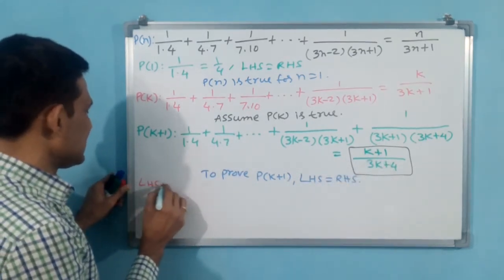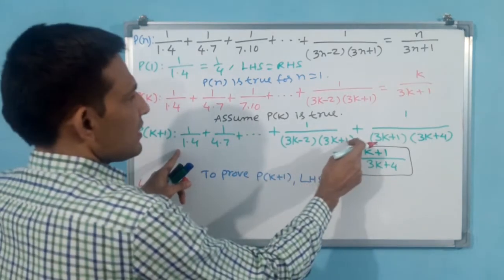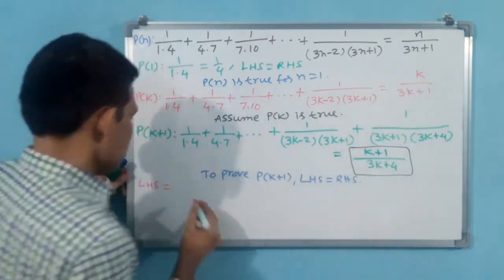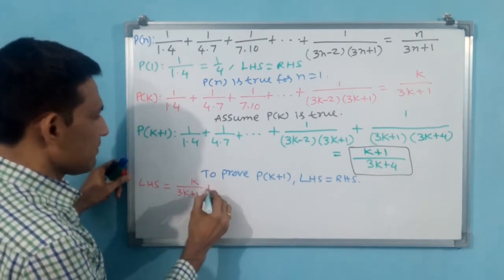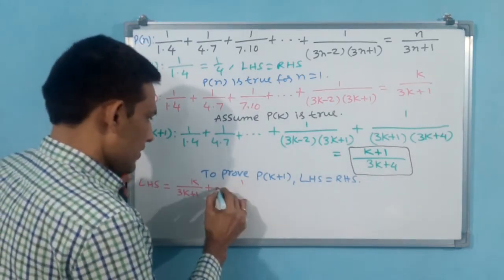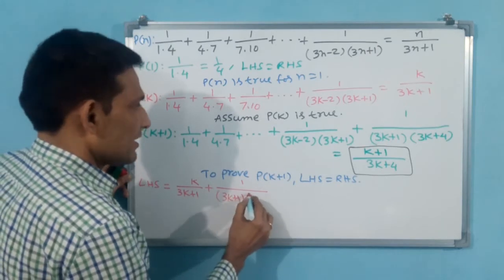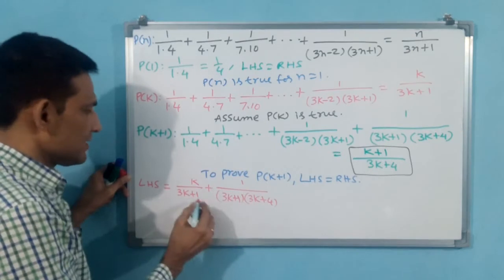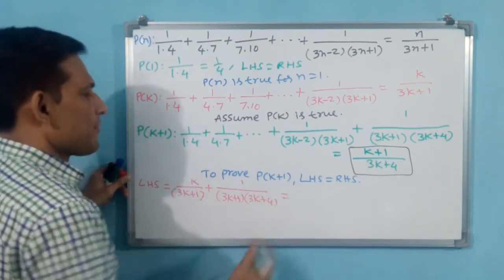LHS is equal to, up to 3k plus 1 the value is there here, k by 3k plus 1. You write down that value, k by 3k plus 1, plus this value you have to write again, 1 by 3k plus 1 into 3k plus 4. When you have put under parenthesis, you put this also under parenthesis. That will be good.